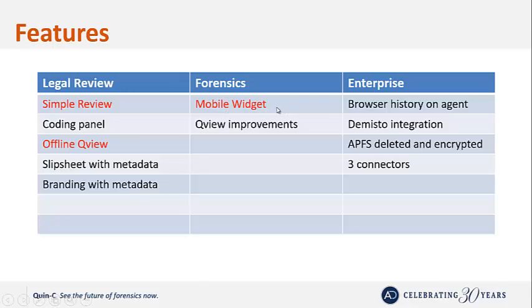We added a mobile widget to follow on from the internet widget we added last release. Generic QView improvements: we added browser history in the agent for our enterprise product, Dimisto integration, Apple file system, the gathering of deleted and encrypted files, and then 3 additional connectors.